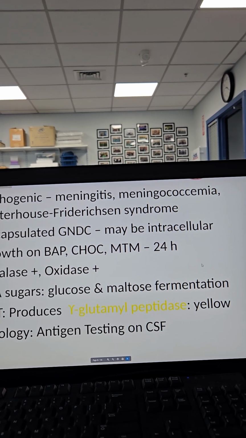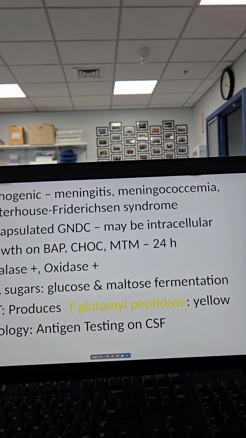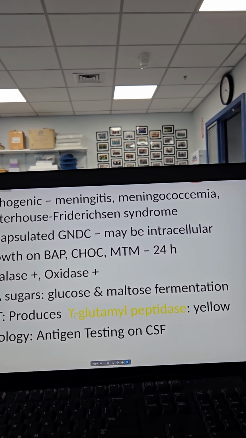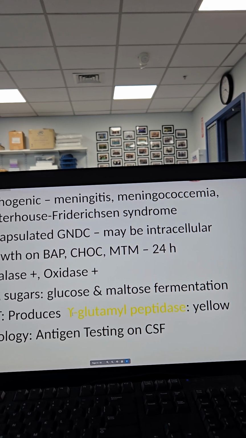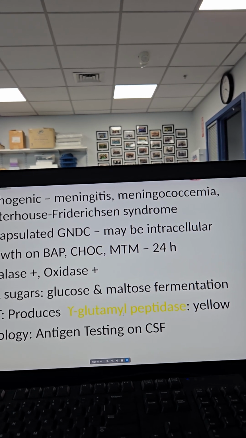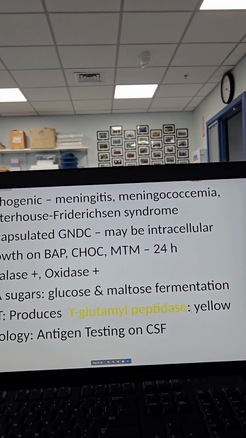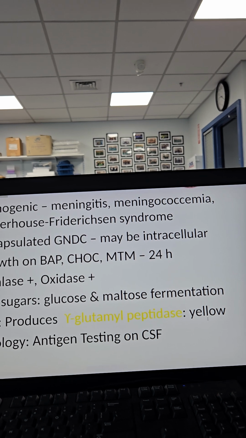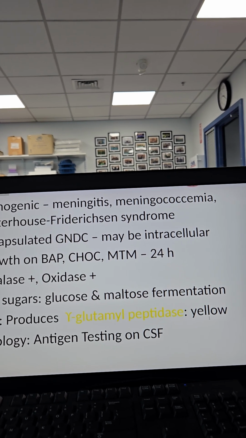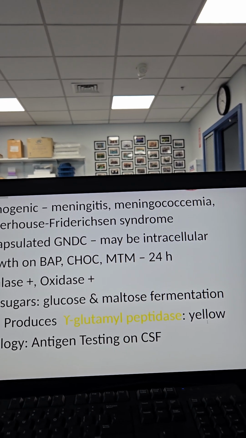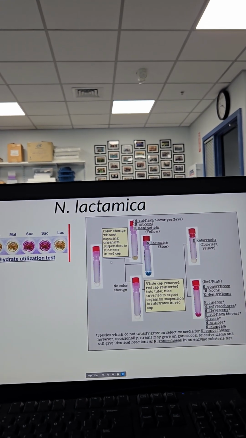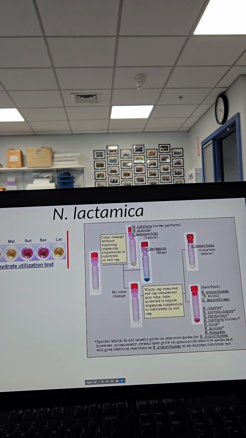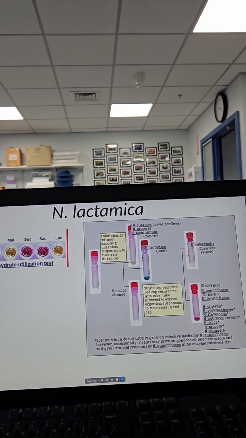It only can ferment glucose and maltose, not lactose. And the enzyme that it uses is gamma glutamyl peptidase, which will turn a yellow color upon incubation. See? Neisseria meningitidis. You incubate it, turns yellow. Okay.